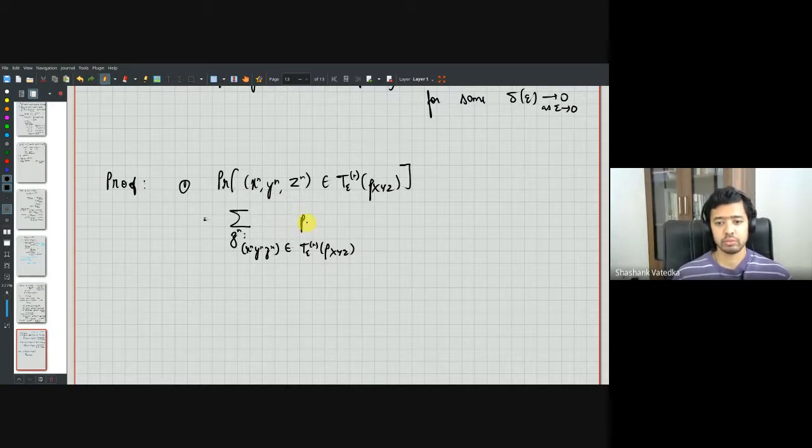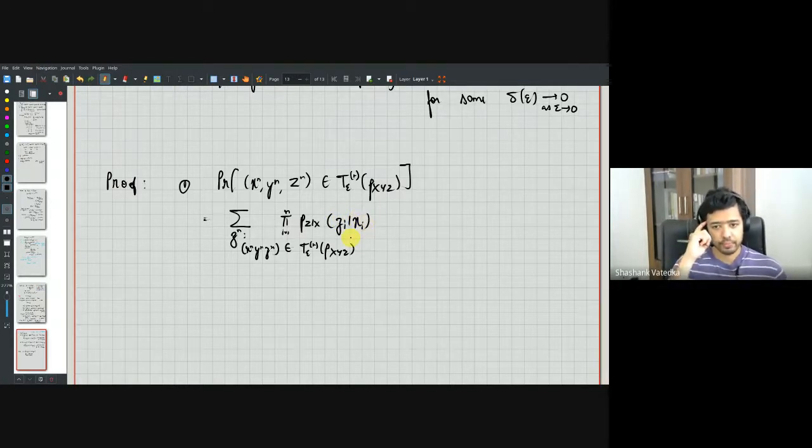This Zn is drawn according to Pz given x, the product from i equals 1 through n of Pzi given xi. So you want to know what this particular probability is, or basically we want an upper bound.